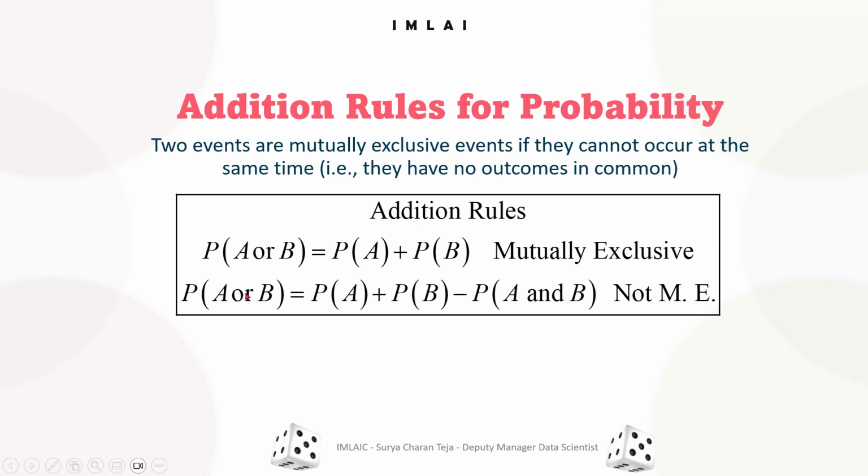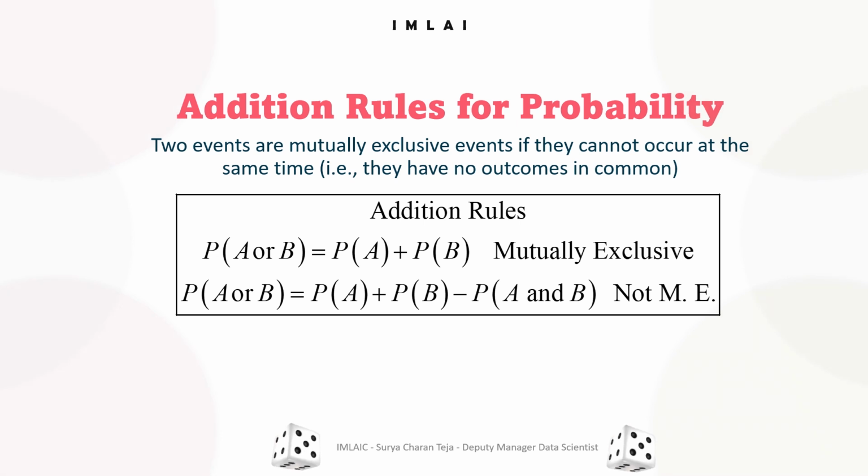That is, P of A or B becomes P of A plus P of B minus P of A and B. This should be included because you have an overlap. Initially, this event is different and that event is different, but now there is an overlap between the two events. If you add both, the overlap will be counted twice, so we want to subtract it. We want to remove the overlap.